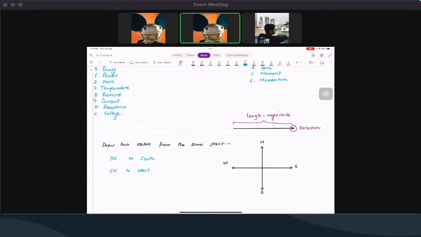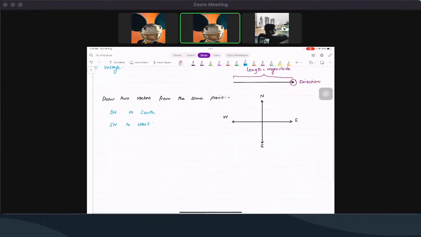So when you draw 3, suppose you give it this length, the 5 automatically will be a longer vector towards the south. Is it clear?